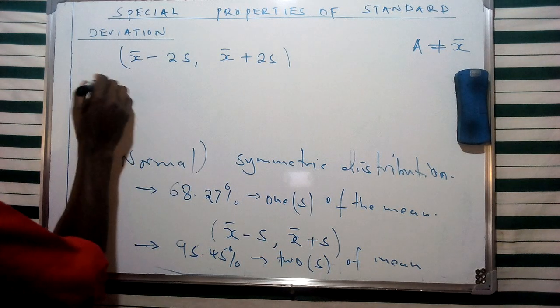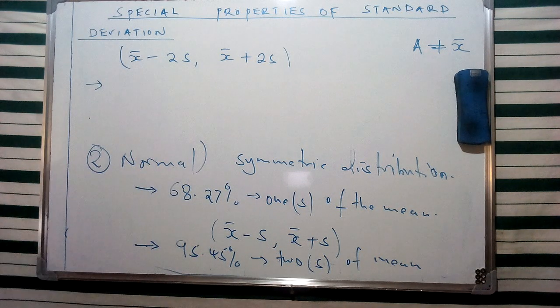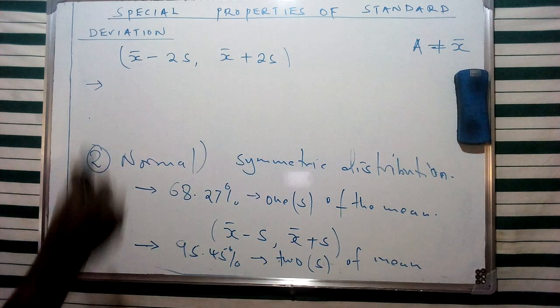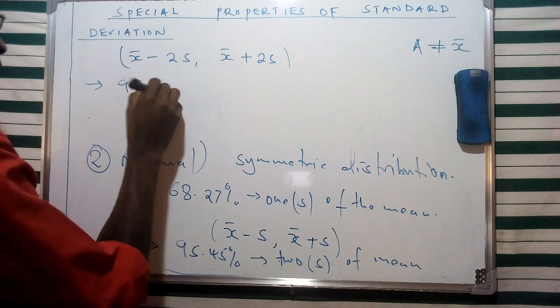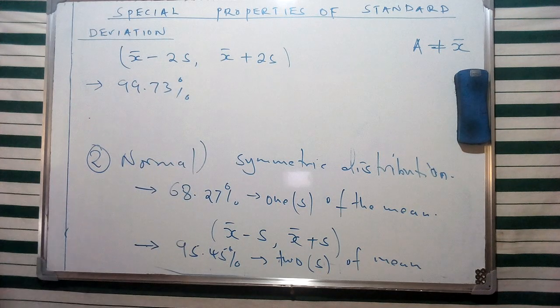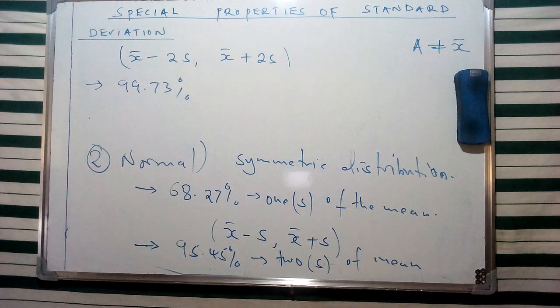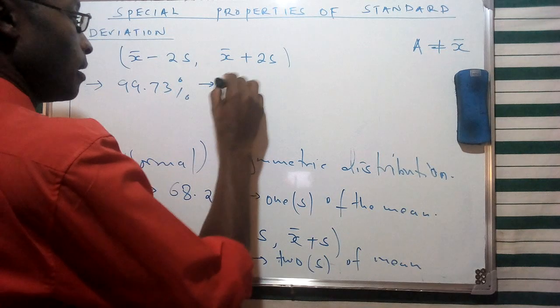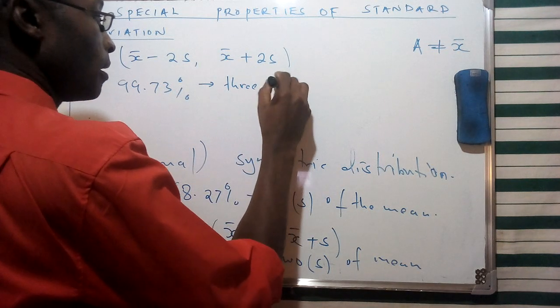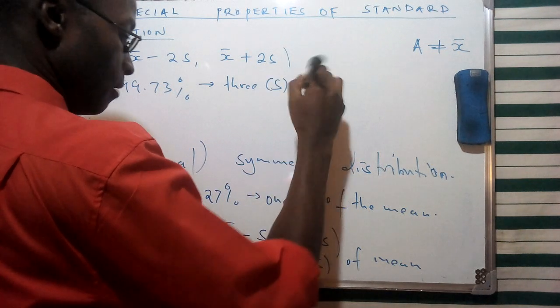Now, if we also consider a third standard deviation, we're going to see that 99.73% of data values from this symmetric distribution are going to fall within 3 standard deviations of the mean.